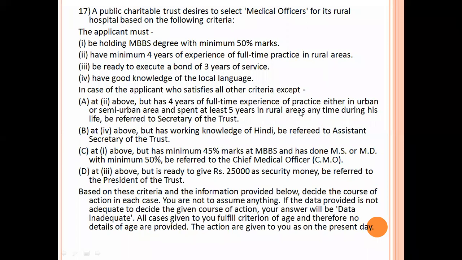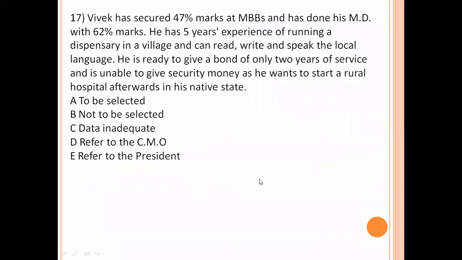Now see the question on this one. Vivek secured 47% marks at MBBS and he has done his MD with 62% marks. He has 5 years of experience running a dispensary in a village and can read, write and speak the local language.